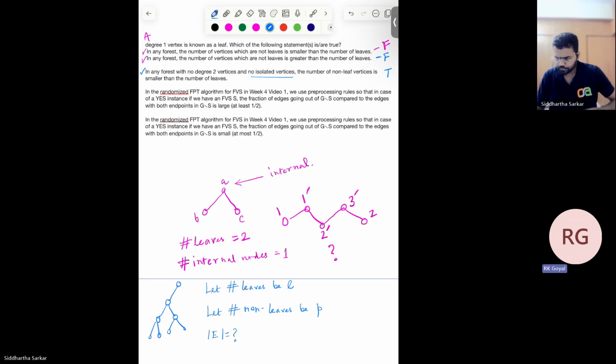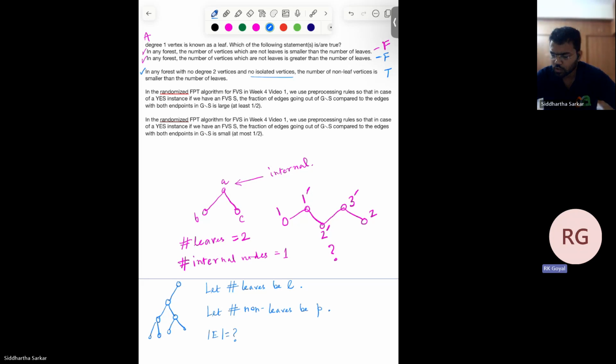If the number of leaves be L and the number of non-leaves be P, then leaves definitely contribute, each leaf having degree one. We can take the help of the fact that the sum of the degrees of the vertices is equal to twice the number of the edges. And will this work for the trees as well?